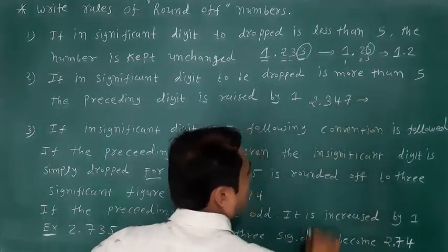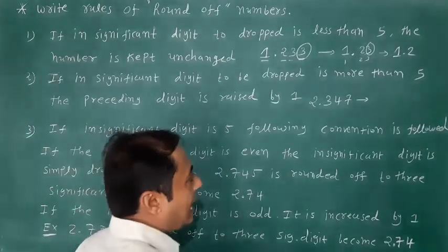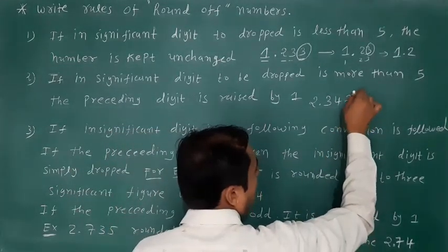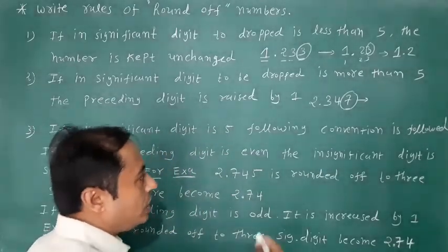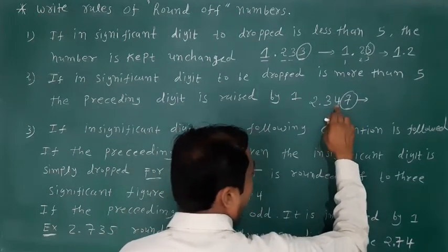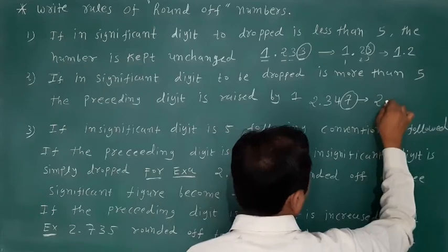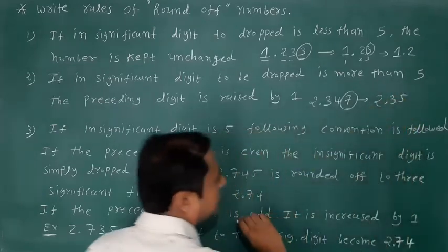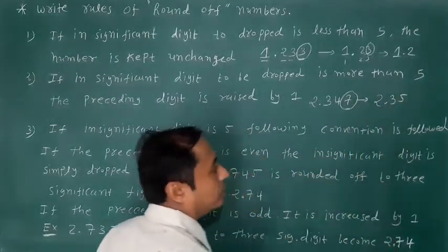Suppose now we want to convert it to only three significant digits and the last number is more than 5. Okay, so now we remove this number, raising by 1. Okay, means 2.35. 4 plus 1 means 2.35.